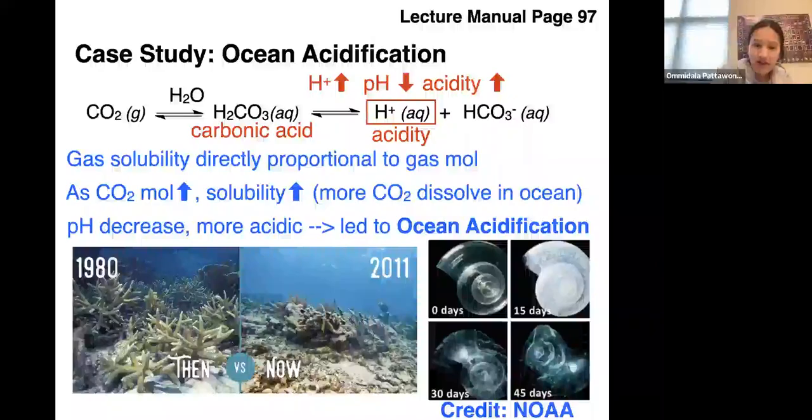Ocean acidification affects corals and shellfish the most because they rely on calcium carbonate to make their skeletons and shells. However, calcium carbonate is less available in acidic water, so shellfish will not be able to use it to form their skeletons or shells. And if the ocean becomes too acidic, it can also dissolve their shells made from calcium carbonate.